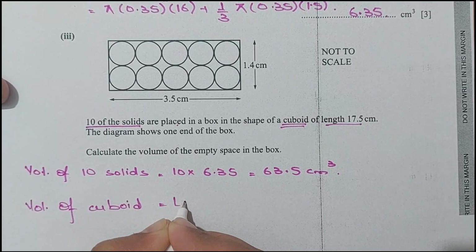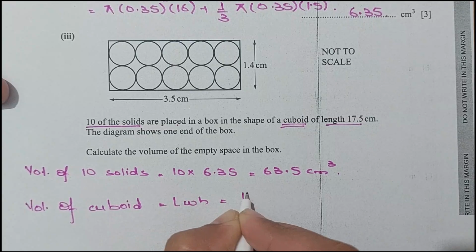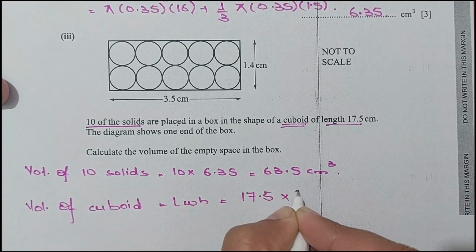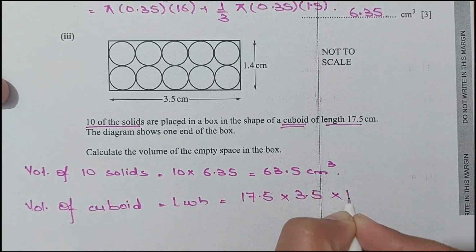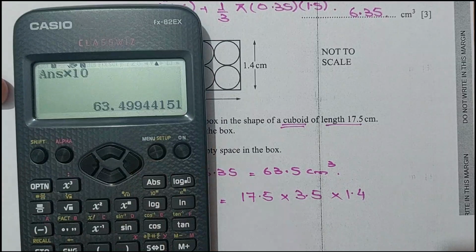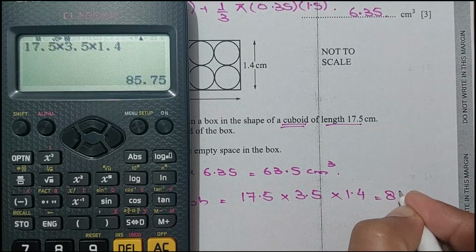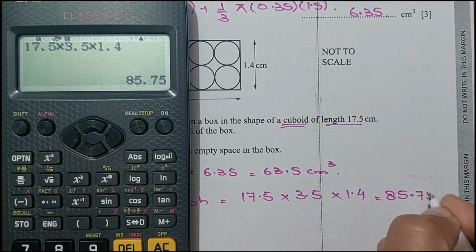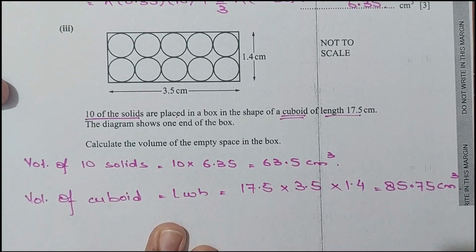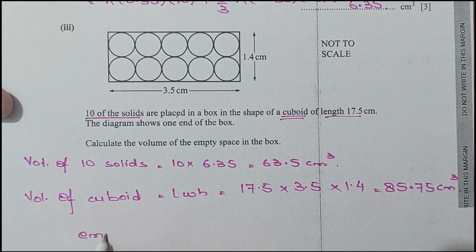Volume of cuboid is length into width into height. Length is 17.5, width is 3.5, and the height is 1.4. 17.5, 3.5, 1.4. This is gonna be 85.75 cubic centimeter, right? So the empty space, the total volume is 85.75.